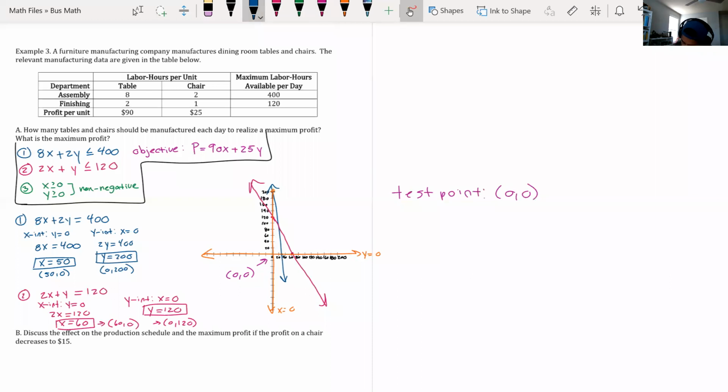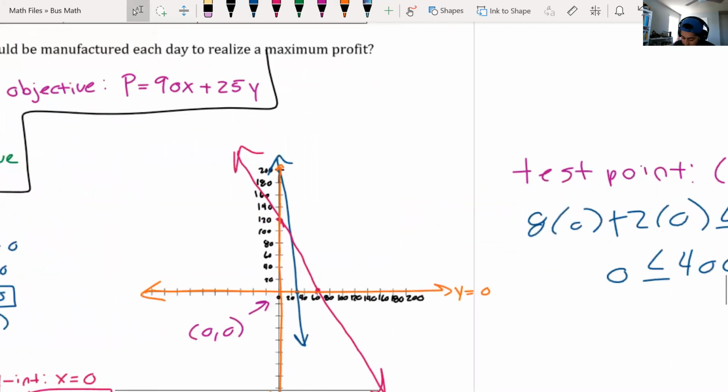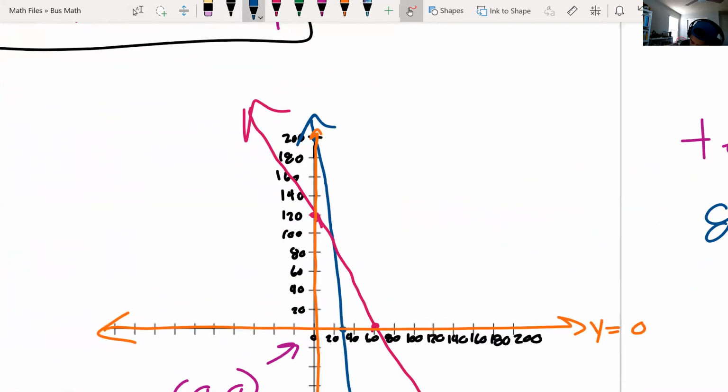For the blue line, you'd get 8 times 0 plus 2 times 0 less than or equal to 400. And 0 is less than or equal to 400. So that checks out, which means we'll shade toward 0, 0. So we shade this way.